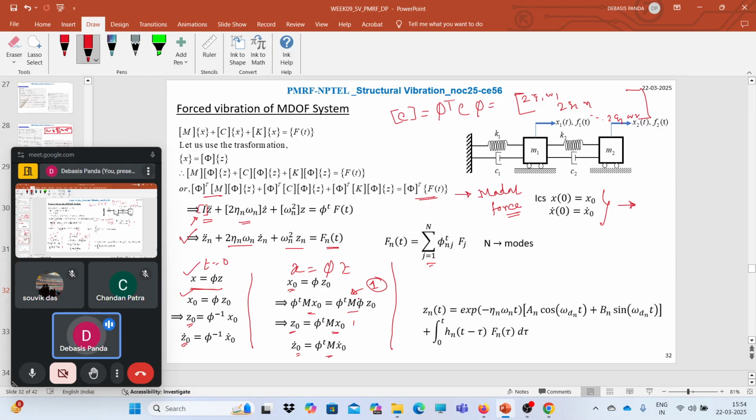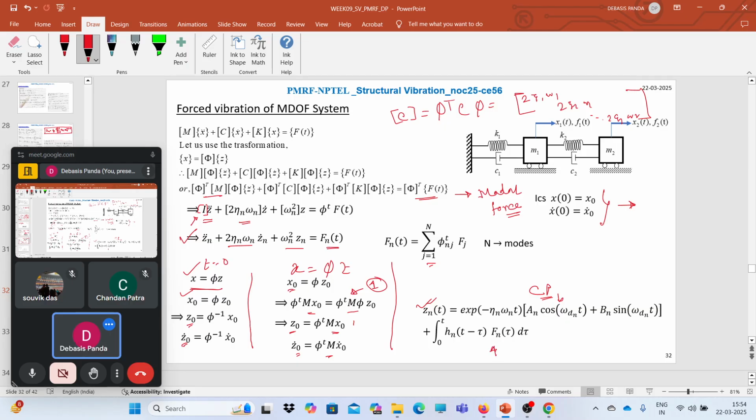Now once we have the initial conditions, the modal information, we need to find the modal responses. For a forced vibration system, we have seen that the response contains two parts, the complementary part and the particular integral part. The complementary part, which caters to the free vibration, we have already solved: zn is e to the power minus zeta n omega n t, times an cos omega d t plus bn sin omega d t.